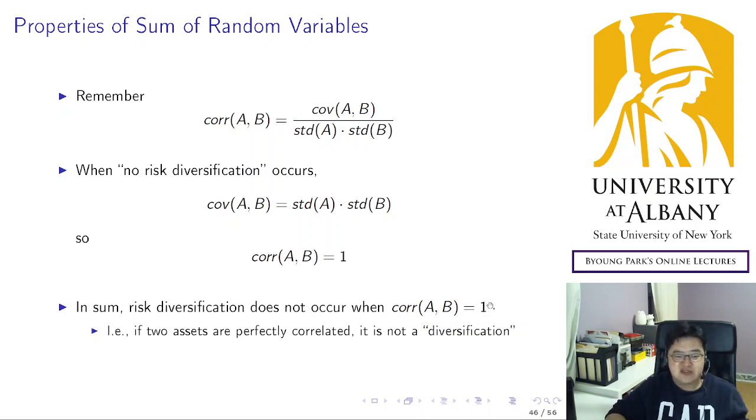And obviously, perfect correlation does not exist in the real world unless you buy the same, identical stock, right? So risk diversification happens all the time. It's so easy to materialize.